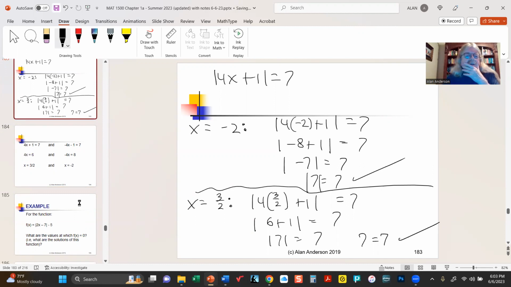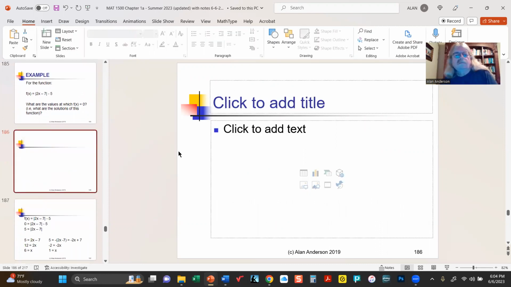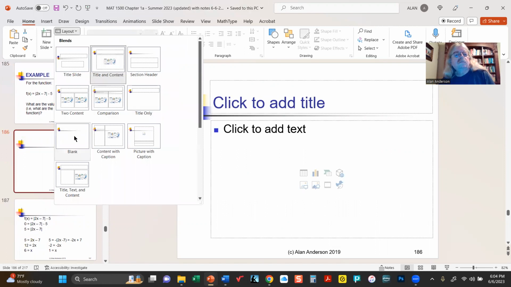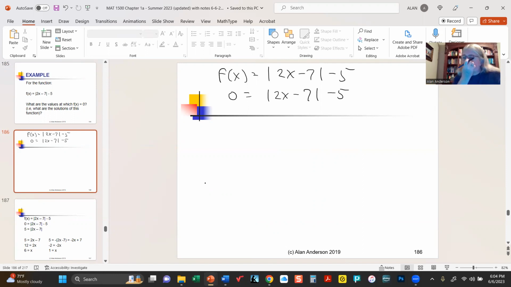All right, let's try another one. Now that we know the secret, we have f of x is absolute 2x minus 7 minus 5. So remember, we're setting this equal to 0. And then what you should do is always simplify.